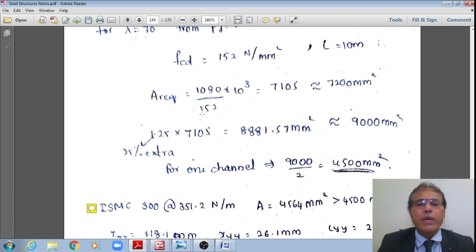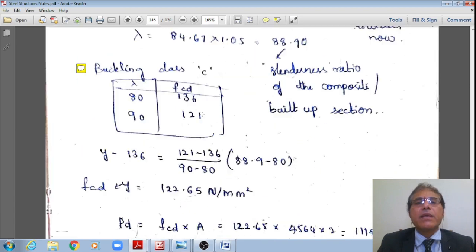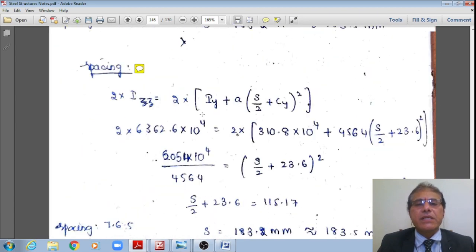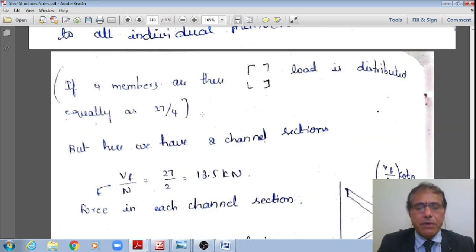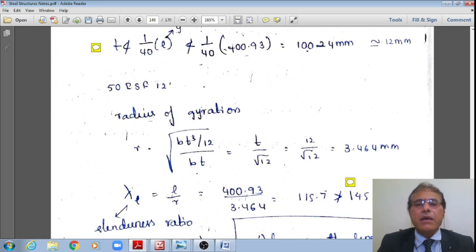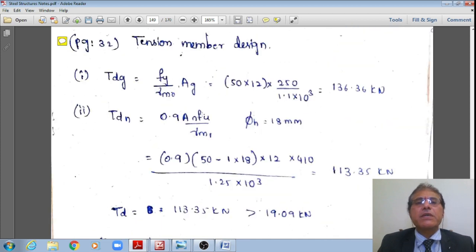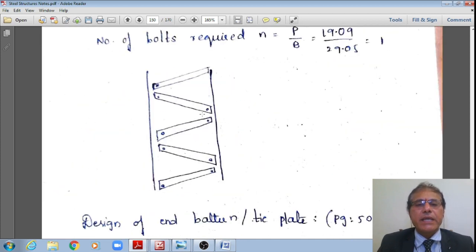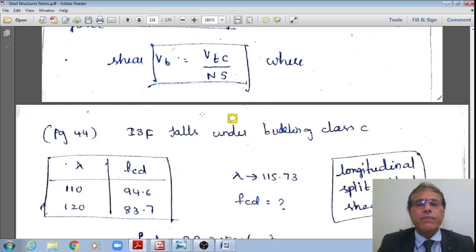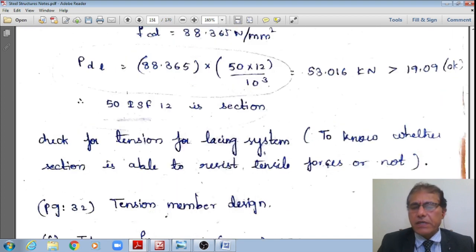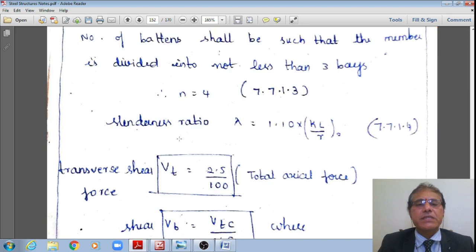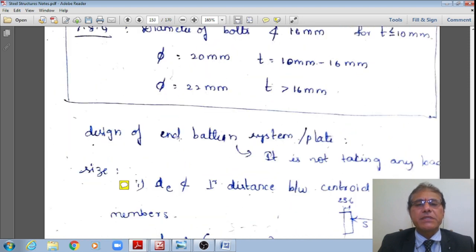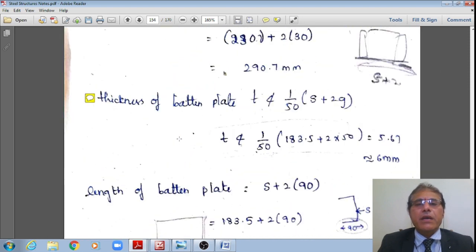Let me see that loading. Here the loading given is 1100 kilonewton, students, whereas for the previous problem it was 1080. That is the only difference.